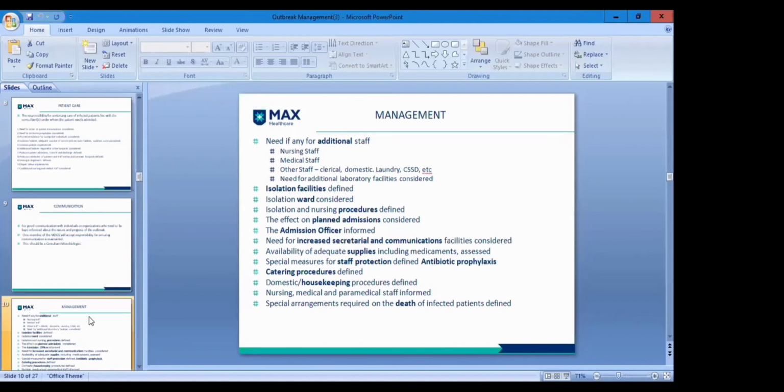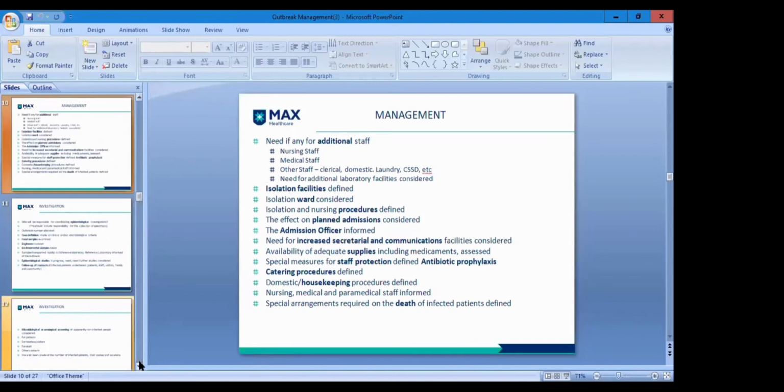So this is how the management of any outbreak needs to be defined. And not just in COVID, but in any other areas, deaths are usually not important. But in COVID, yes, we had protocols about the COVID deaths also.